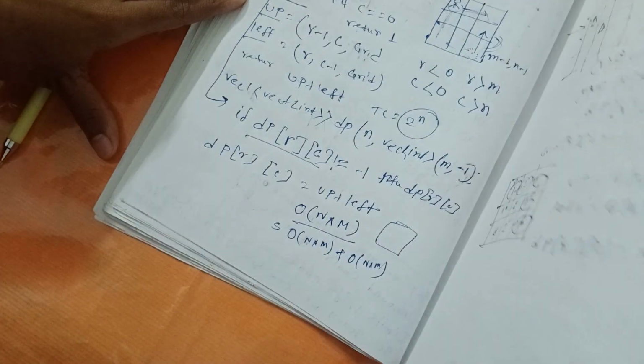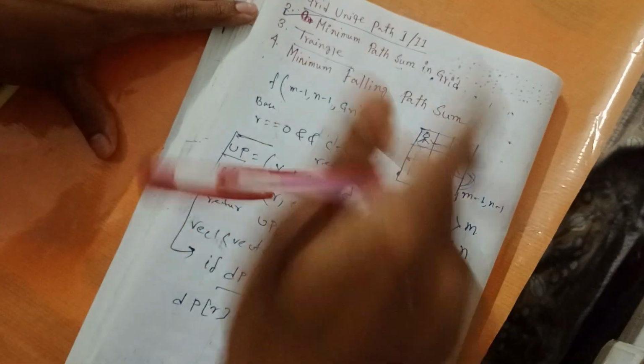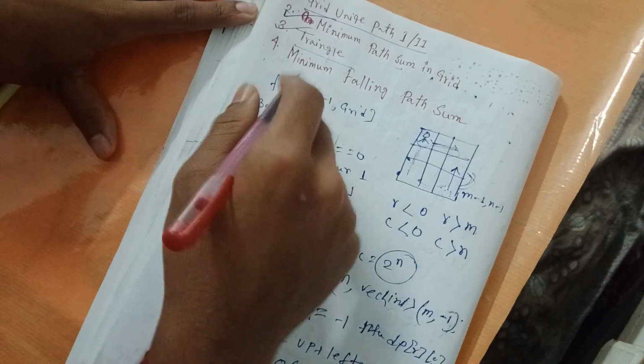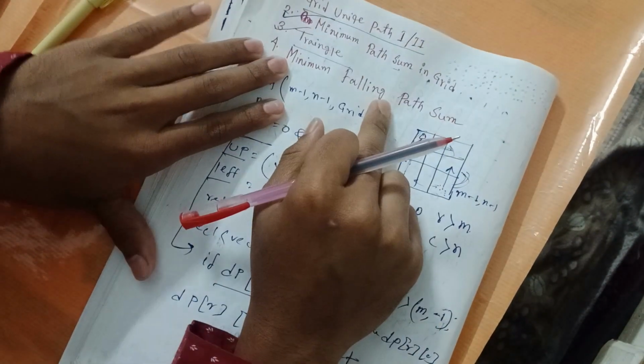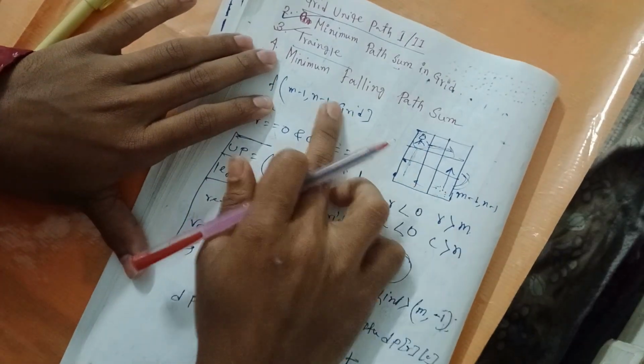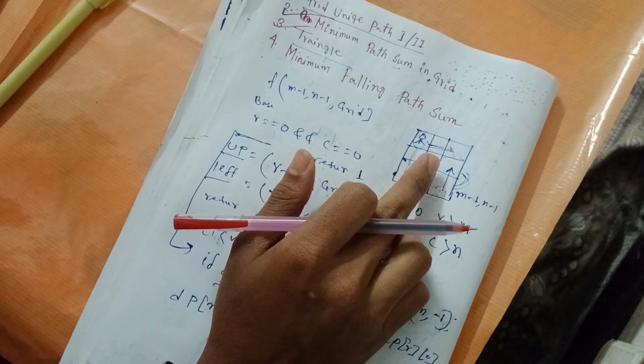This is my triangular problem, and this is the main important video which I call minimum falling path sum.